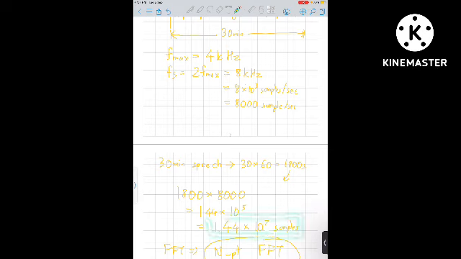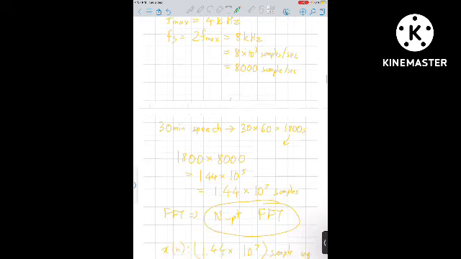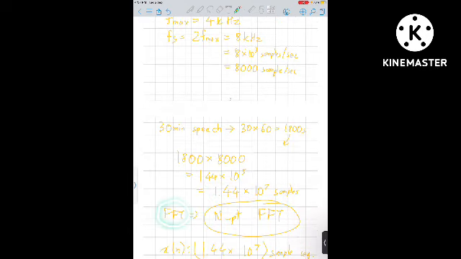So imagine, when we talk about FFT, we talk about N-point FFTs.